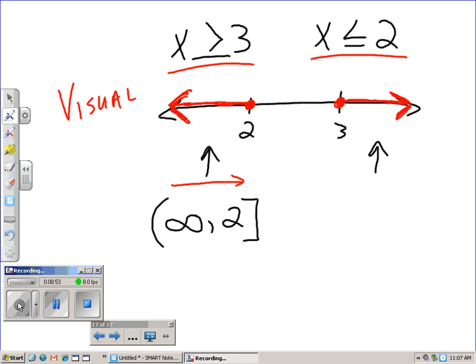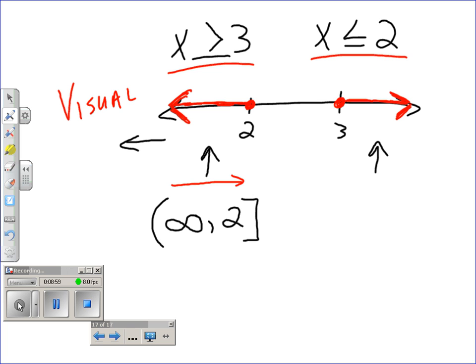Now, something else to make this interval perfect is we define infinity when it goes this way as negative infinity. And infinity, when it goes to the right, we define it as a positive infinity, or just a regular infinity. So to finish off my interval notation here, I'm going to put a negative infinity.